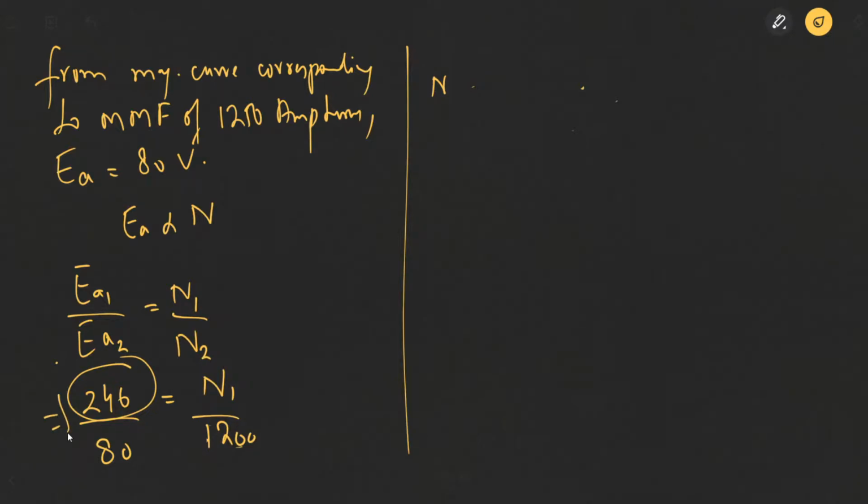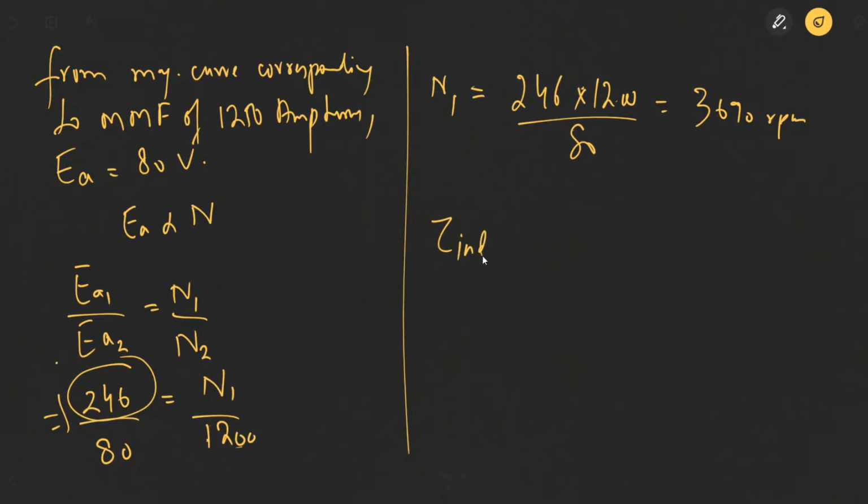So N1 will be equal to 246 into 1200 divided by 80. That's equal to 3690 RPM.